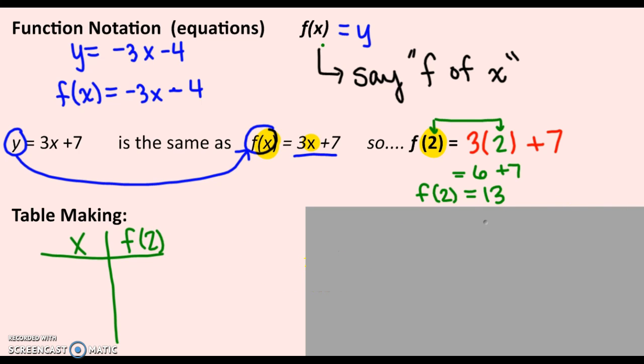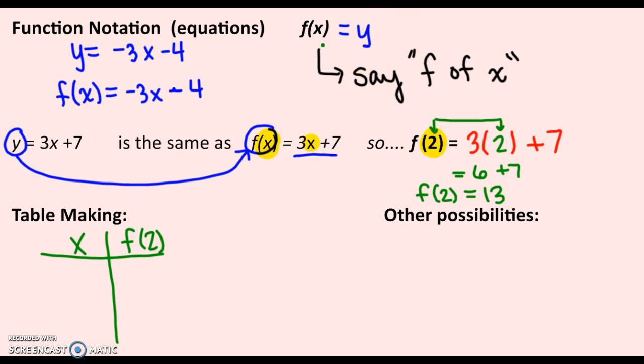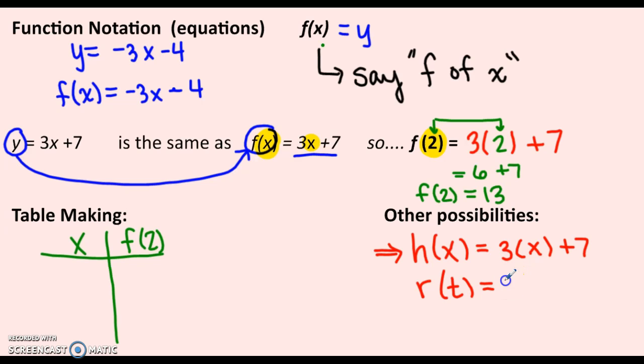There are also some other possibilities that you're going to see here. Instead of x, they could use h of x equals 3x plus 7, and that just might mean that that's the height of something. They could use r of t. R sometimes stands for the rate of things, and t is the variable in our equation.